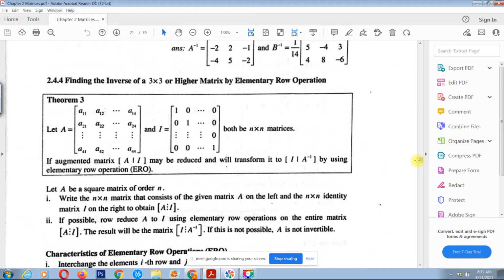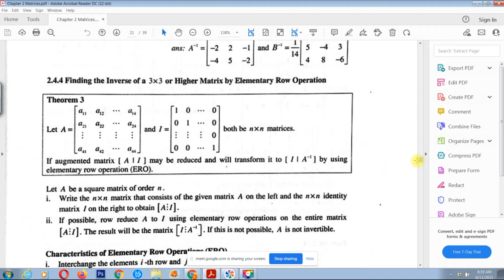The inverse is one of the very important elements in matrices. The inverse gives us a lot of information about the matrices that we deal with.